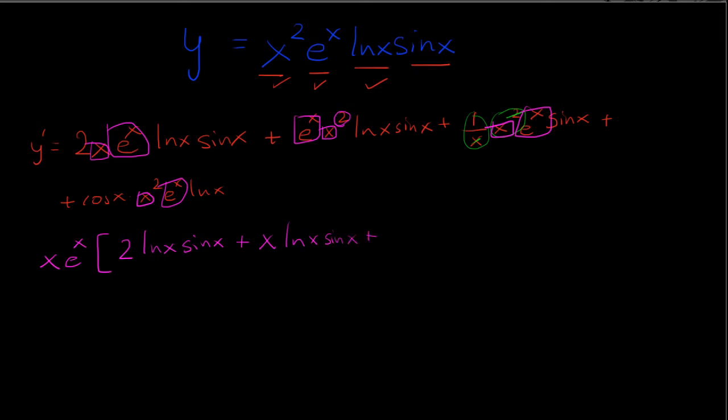And for the third term, that kind of worked out nicely. We only have, let's see, sine of x. And the last term, we have cosine x, x, and natural log of x. And we'll just leave it at that. So that's the derivative.